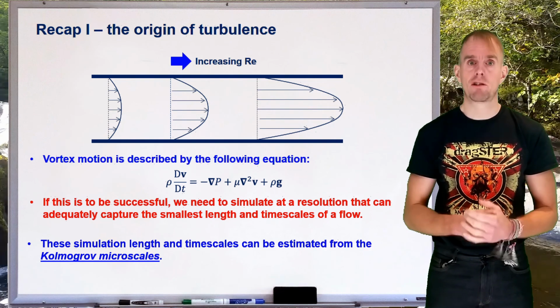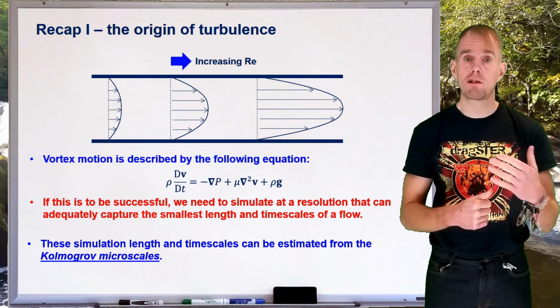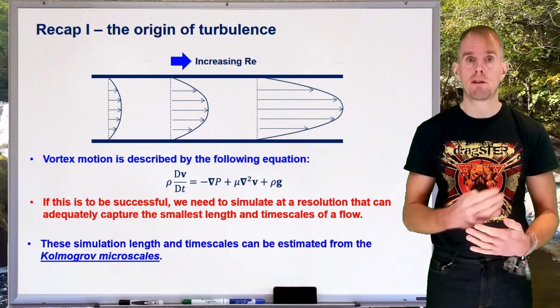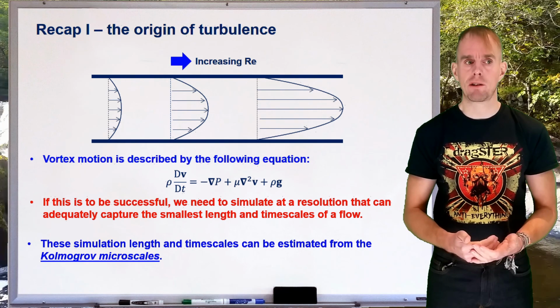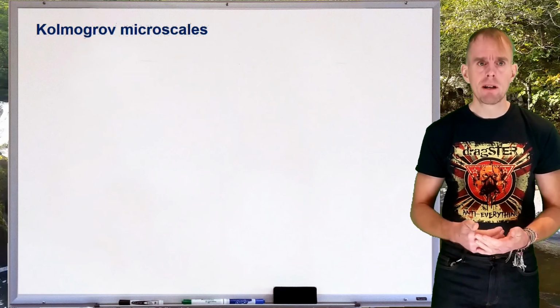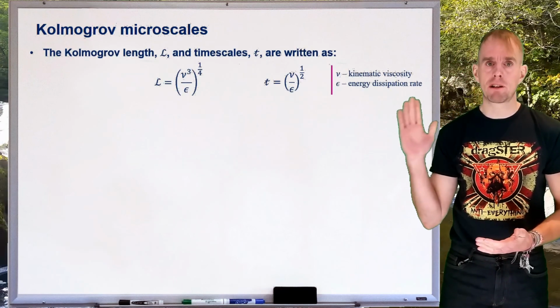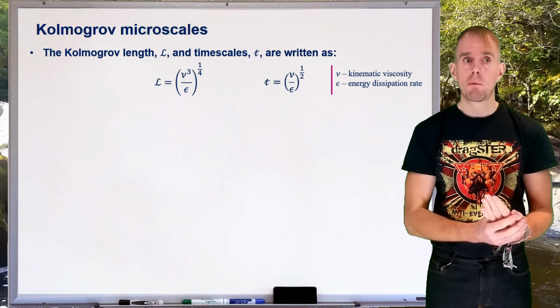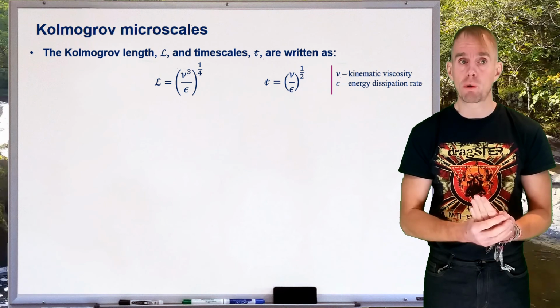Now we can make estimates of the resolution both in space and in time that we need to do this, and this is by referring to something called the Kolmogorov microscales. Now, the Kolmogorov microscales can be written as I've just put them on the board here. We've got a length scale, L, which is the length scale of the smallest vortex.